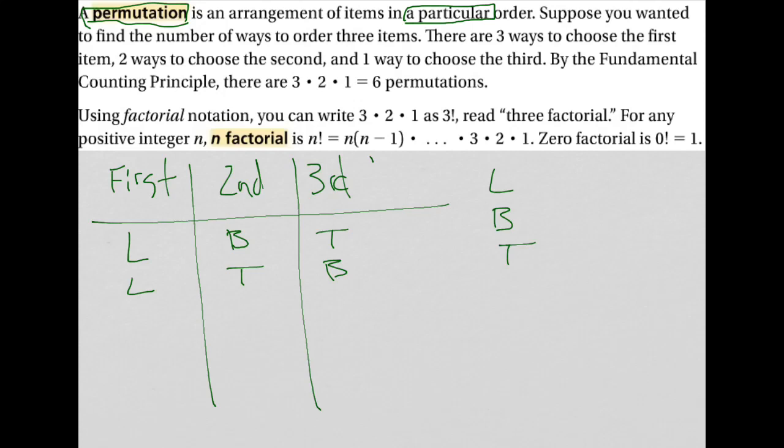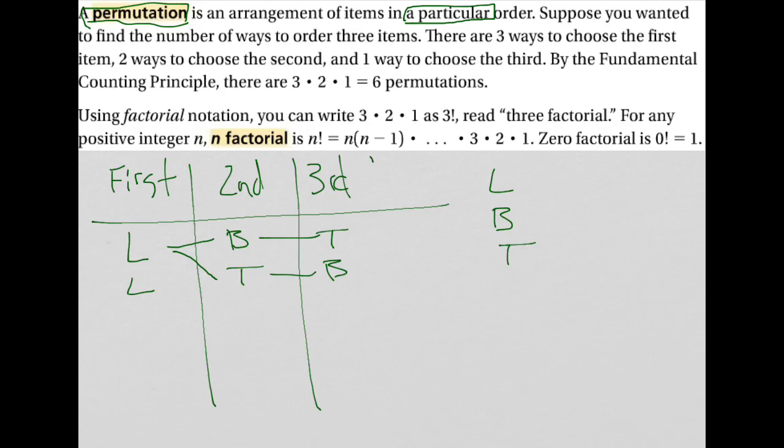Once Lenny is chosen, we have those 2 different possible outcomes for second place, because Lenny is removed from the situation. Once the second person is chosen, they each only have 1 possible outcome. Once second is chosen, third is essentially fixed.